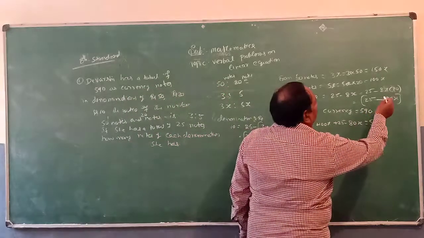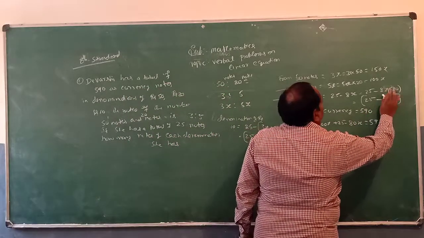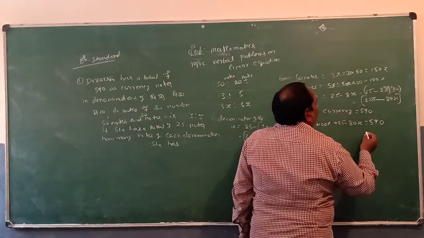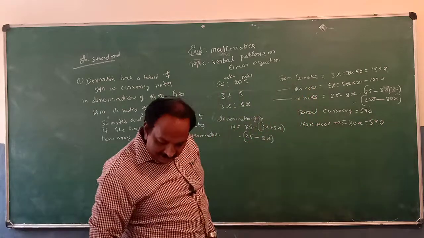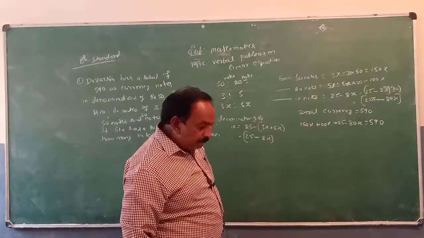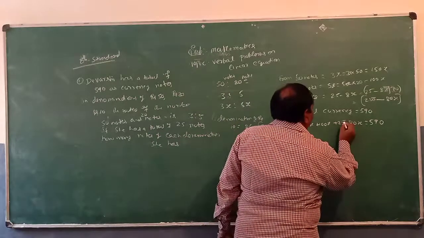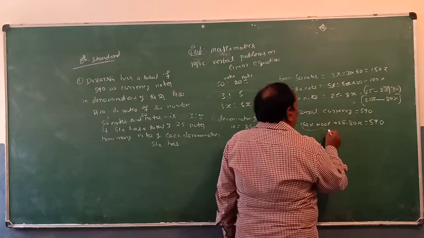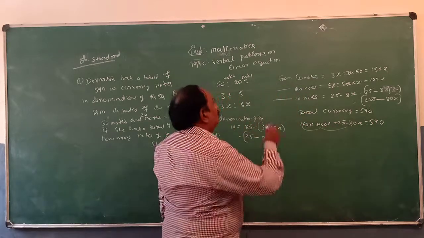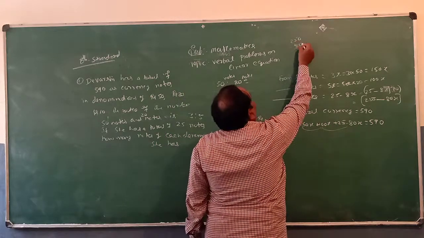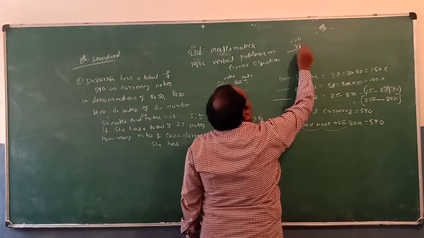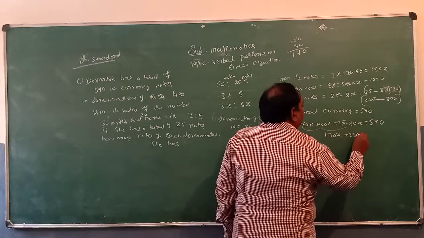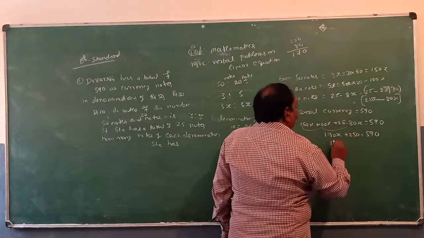So multiply this into 10, 25 tens are 250. 150 plus 100, 250. 250 minus 80x. 15 minus 8 is 7, so 170x plus 250 is equal to 590.